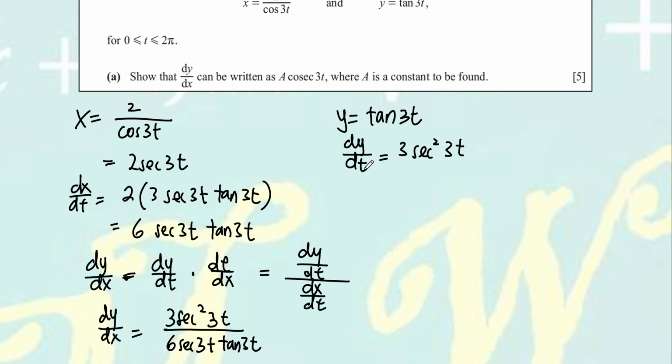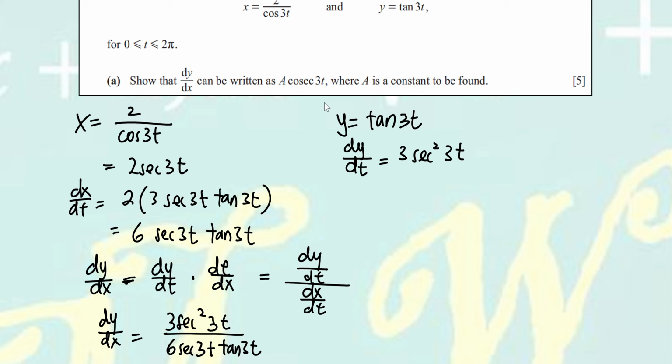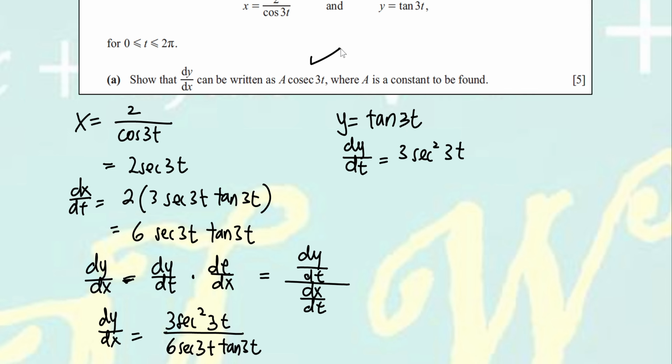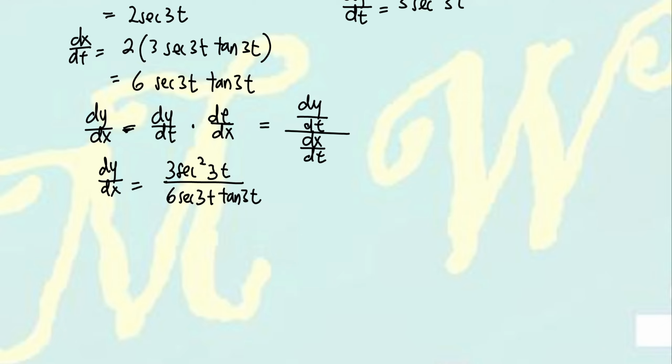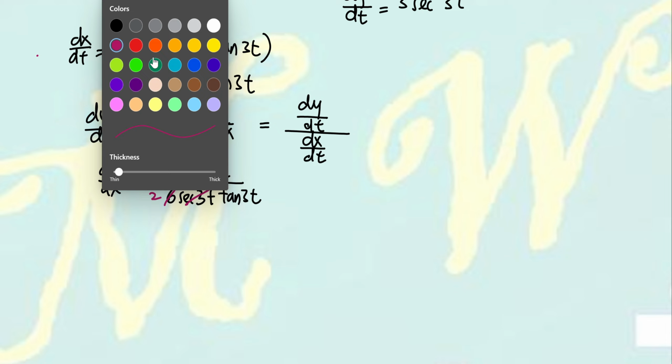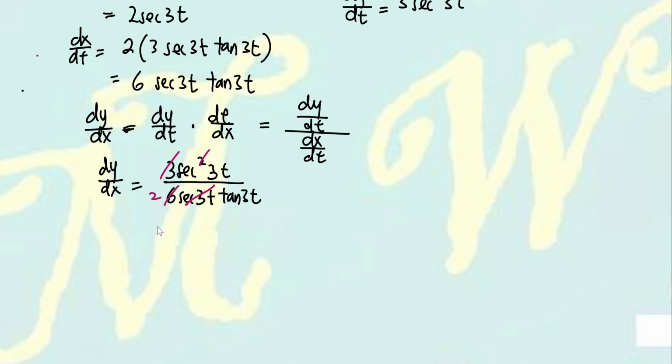So now you simplify. We need to get our answer in cosec 3t. 3 and 6 simplify. Degree 2 and degree 1 cancel. Then I will be getting 1 over, oh sorry, not 1. You still have degree 1 for the secant. So secant 3t over 2 tangent 3t.